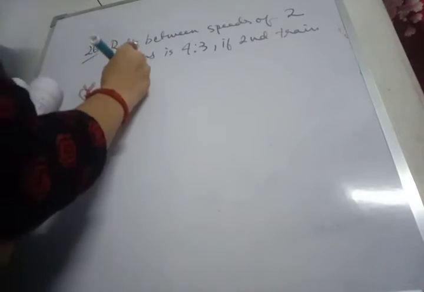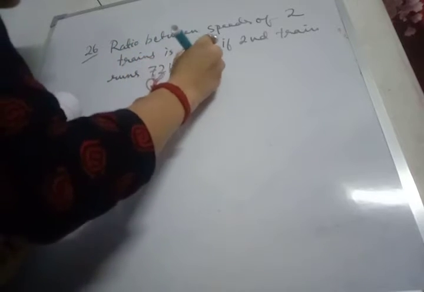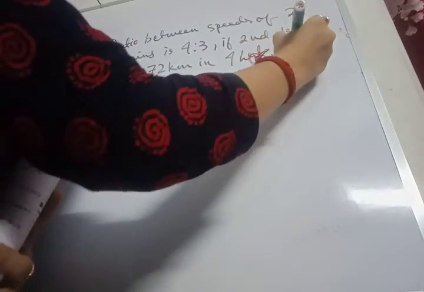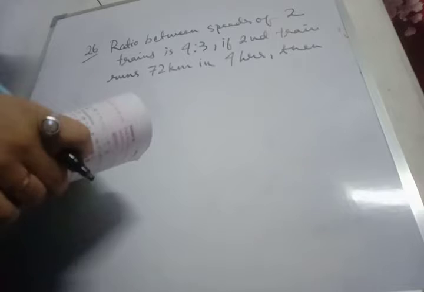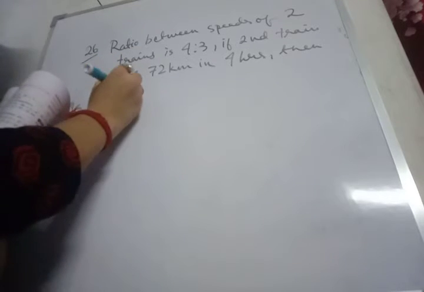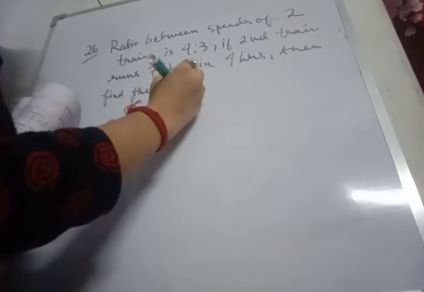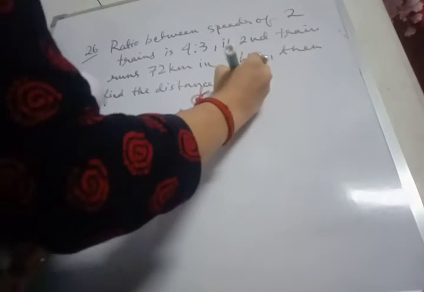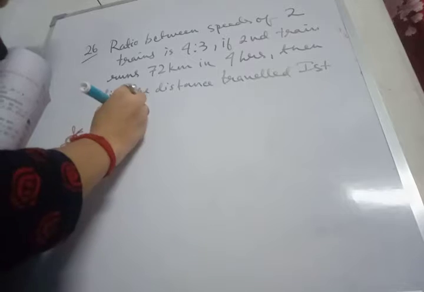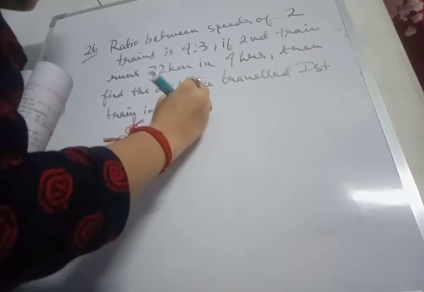If the second train runs 72 kilometer in 4 hours, then find the distance traveled by first train in 3 hours. So this is my question.